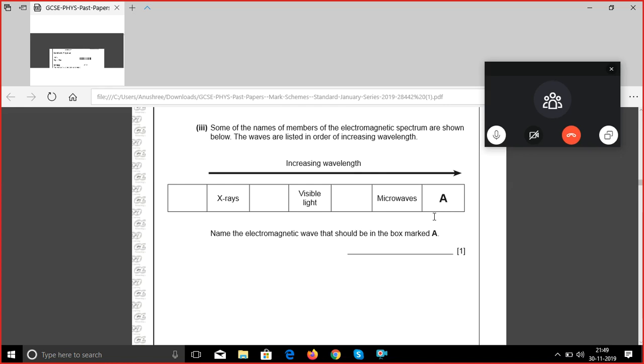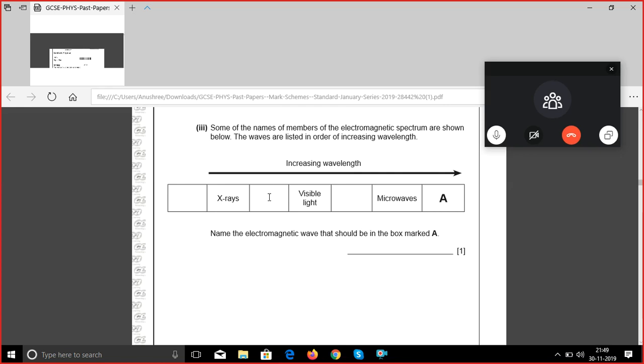In the electromagnetic spectrum, which one has the shortest wavelength? It's gamma rays. So here it should be gamma just before X-ray.